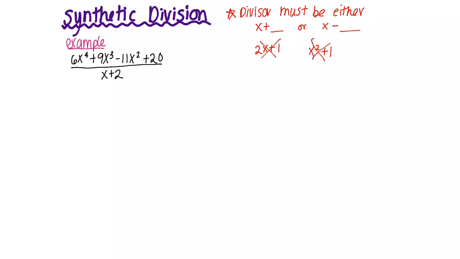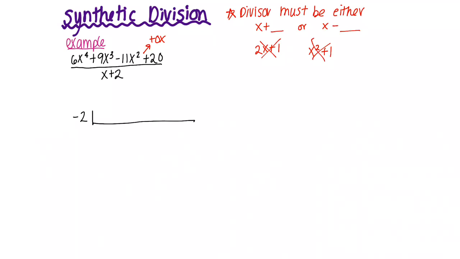So here's how it works. If this is a plus 2, you're going to go ahead and reverse the sign. So instead of plus 2, you're going to do negative 2. And I'm going to set mine up a little bit different than how Alex sets theirs up, but you'll be able to figure it out. Now, each of these coefficients, there's a missing x term in here, so I'm going to make sure that I remember that there is a plus 0x.